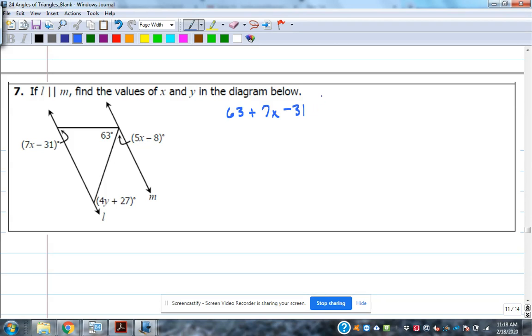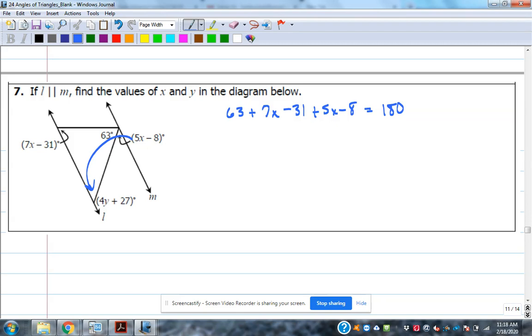And then why can you say the plus 5x minus 8? Why do I know that this also goes here? They're alternate interior angles, so that would be definitely a good choice right there.